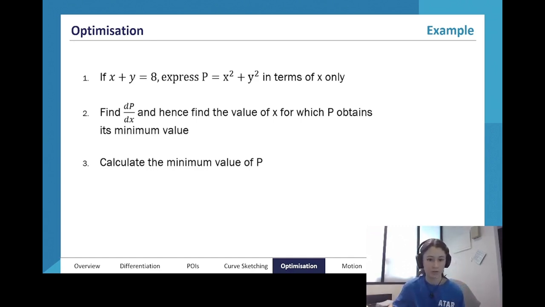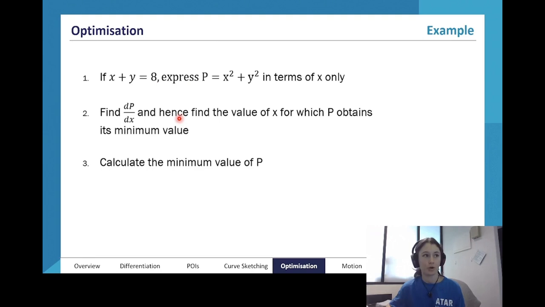So in our two equations that we've been given here, x and y are occurring in both of these equations. So we can't just use both of these straight up, right? Because we want to find something between p and x, but we don't want this y here. We only want a function in terms of p and x.